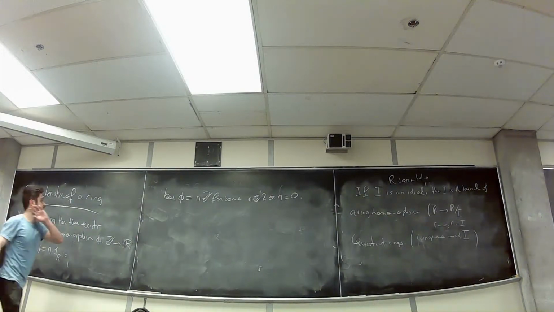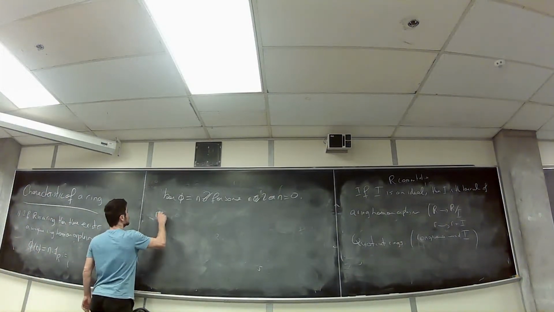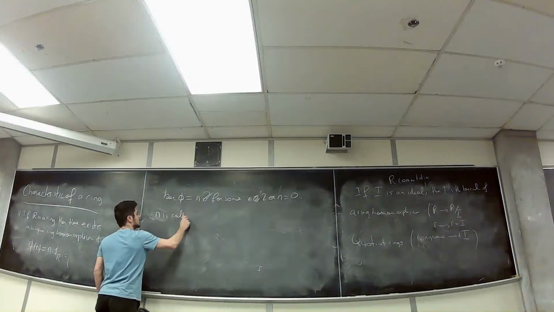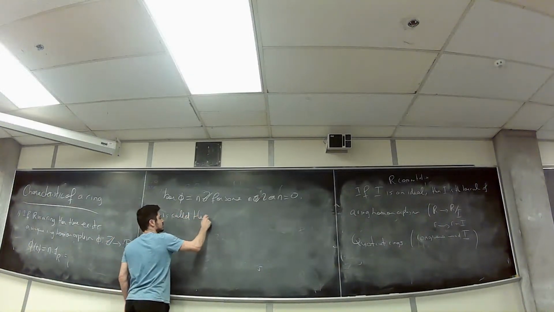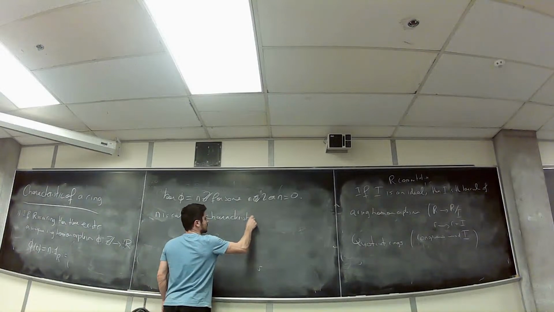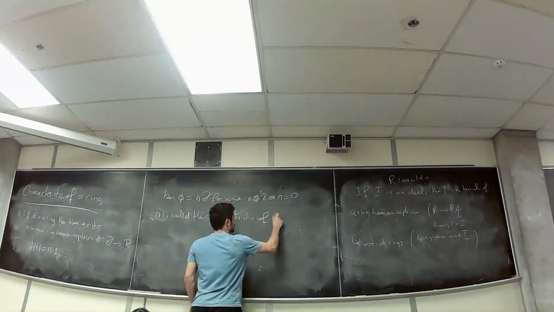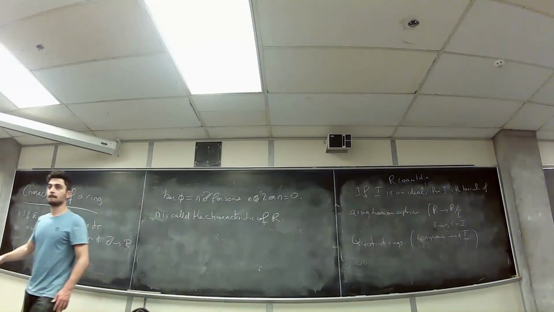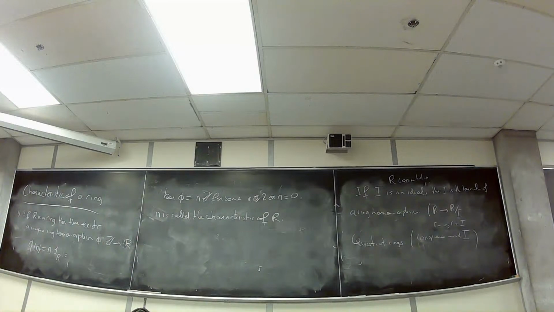And what do I define? Such an n is unique. n is called the characteristic of phi. This is how I define the characteristic. You remember this? It's good to know that.